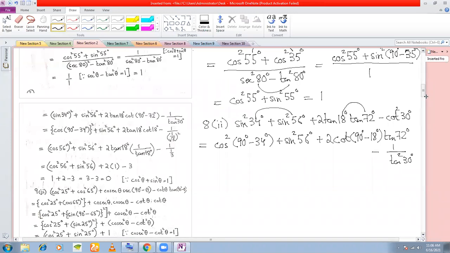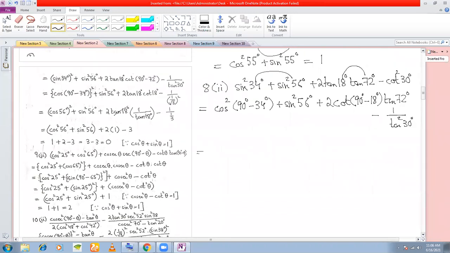Tan 30 is a standard angle. So you have here cos square 90 minus 34, which is cos square 56 degree plus sine square 56 degree. They will actually combine to give you a 1 plus 2 cot 72 degree tan 72 degree minus 1 by tan square 30.